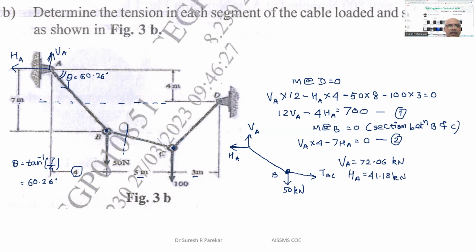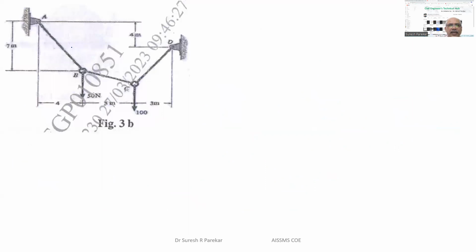So VA we have. Now we will mark all these values: VA is 72.06 and HA is 41.18.